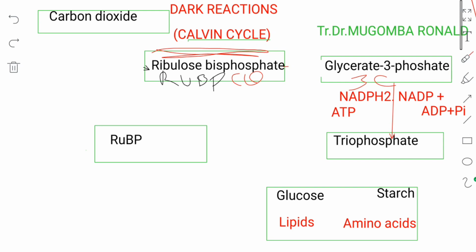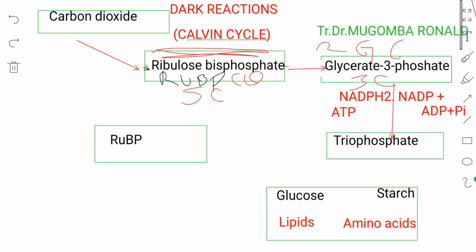This receptor is a 5-carbon molecule. After taking up carbon dioxide, it forms a 6-carbon intermediate. But this 6-carbon intermediate is very unstable, so it splits immediately into 2 molecules of glycerate 3-phosphate, or GP.